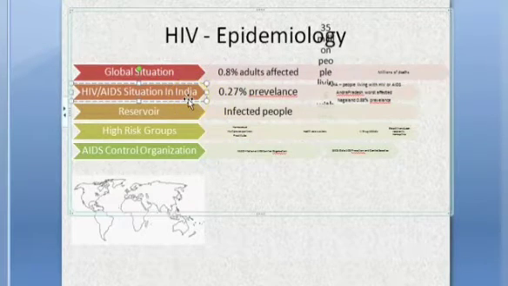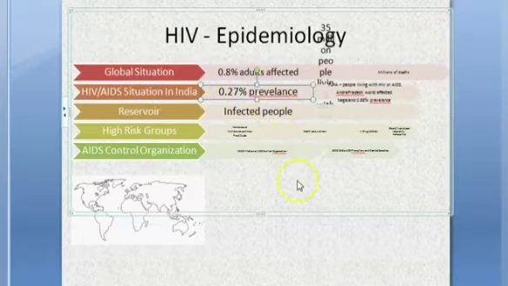Now, coming to the situation in India, there is 0.27% prevalence, which is lesser than the global situation. But in Nagaland, a state of India, the prevalence is 0.88%, more than that. So Nagaland has a higher prevalence than the global situation. In India, the states which are affected more are Andhra Pradesh, Maharashtra and Karnataka.